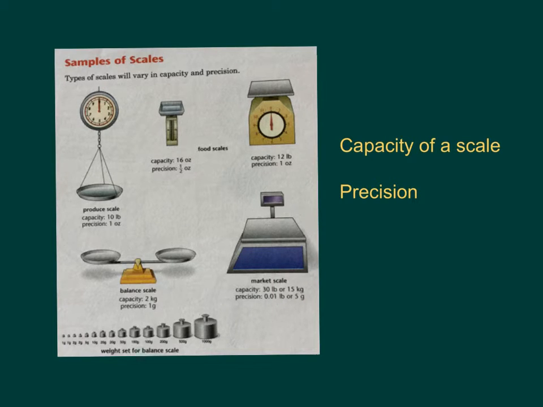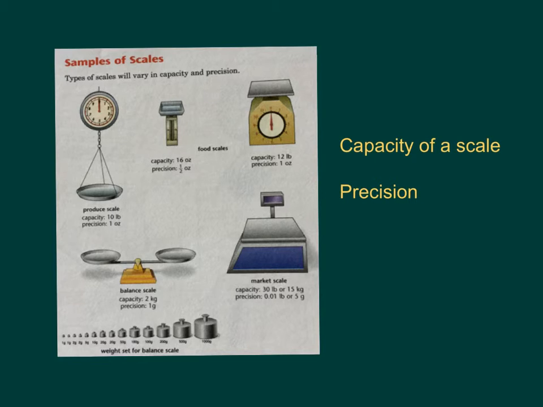When choosing a scale, I not only want to consider the capacity of that scale, but also the precision of the scale. Precision means how accurate that scale is. In this case, the smaller the unit or fraction, the more precise the scale will be. So if I'm looking at all of these different scales up here, what I may notice, the produce scale is going to have a precision of every 1 ounce, so it's going to measure every 1 ounce of an object.